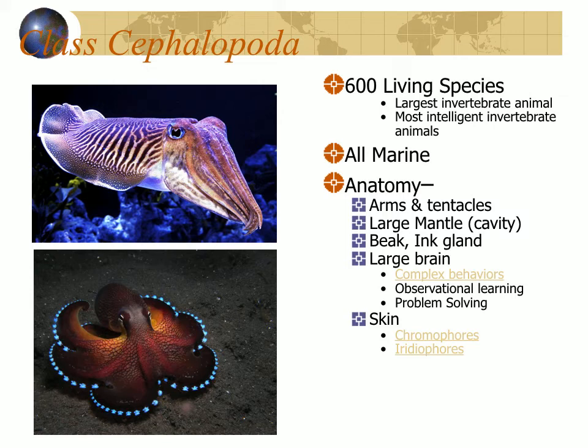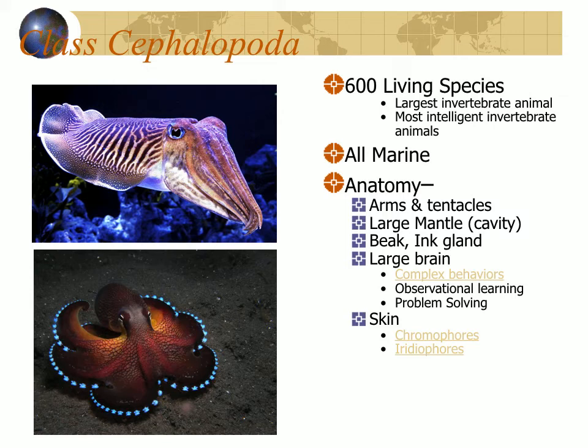They have a foot that's divided into tentacles and arms so that they can trap prey. They have a visceral mass where their organs are and are surrounded by a mantle cavity that is used to usually ventilate a pair of gills and for locomotion.